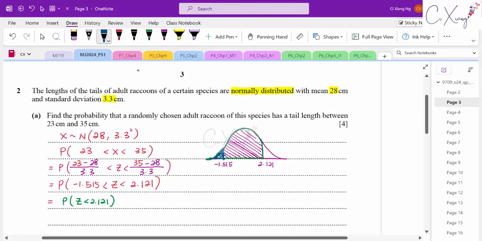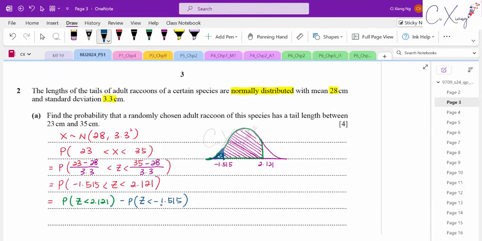I want to minus this blue color area, the small one, so that eventually I get this shaded area here. So the small blue color area here is Z smaller than negative 1.515. Yeah, that only I focus on the table to find out this probability and find out this probability. Okay, so this is what I want to do. So basically, I get this formula from the diagram, from logic.